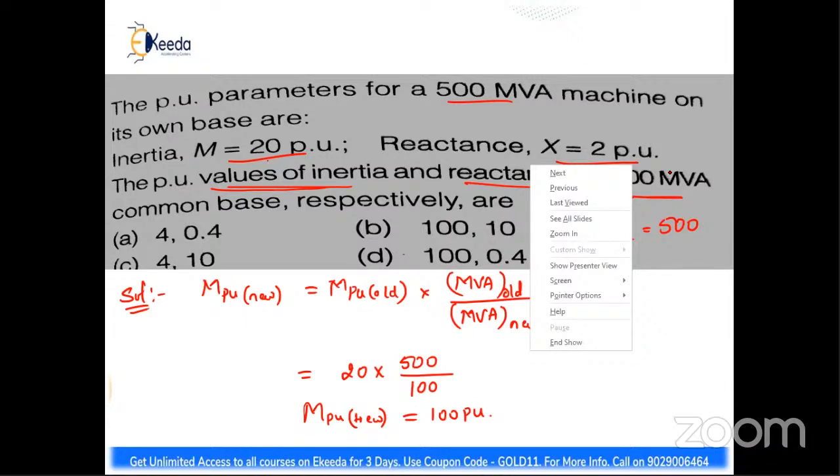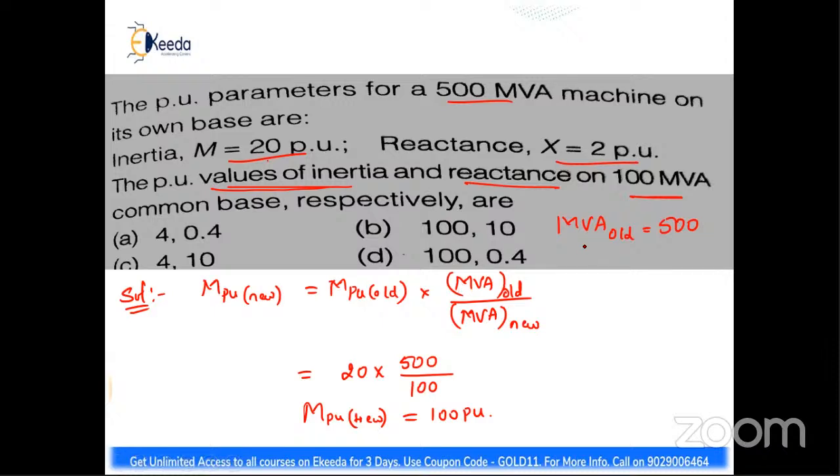When it is 100 MVA, what are the PU values and what is the reactance value? That is what we have to find out. So MVA will be our new. The MVA new is what? 100. Understood? So by substituting in the formula, we got the PU value of inertia as 100 PU.